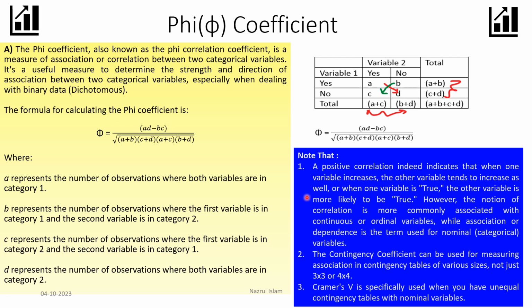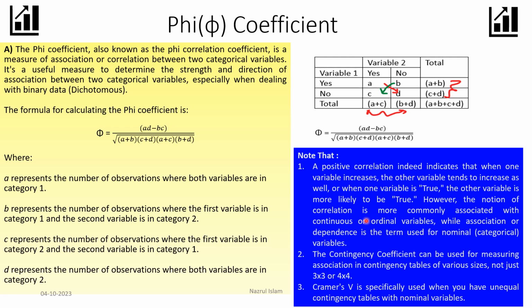Here note that a positive correlation indicates that when one variable increases or decreases, the other variable also increases or decreases. On the other hand, a negative correlation indicates the opposite.